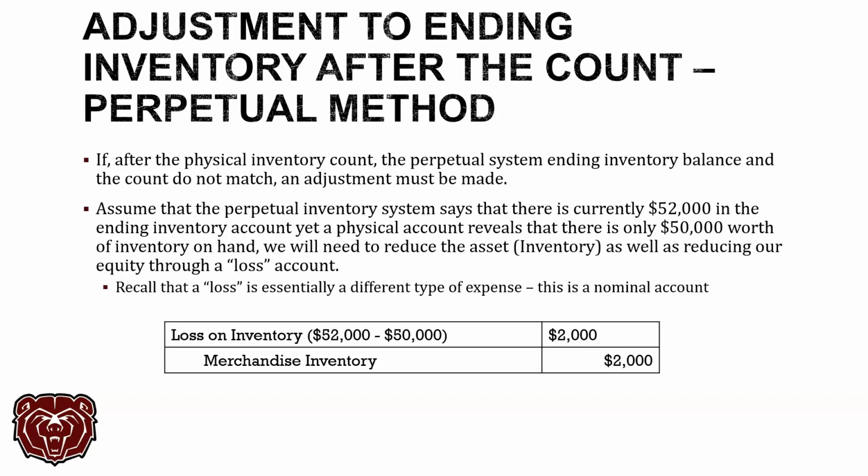But there's other reasons why your ending inventory from physical count may not match the ending inventory from your perpetual tracking system. You may have coded something in incorrectly, right? So when somebody's scanning it through, it's not reducing the correct inventory account. Okay, you may have lost something. Something may have fallen behind a shelf. Something may have been broken, right? Now, if it's broken when you receive it from shipment, you're going to send that back, right?